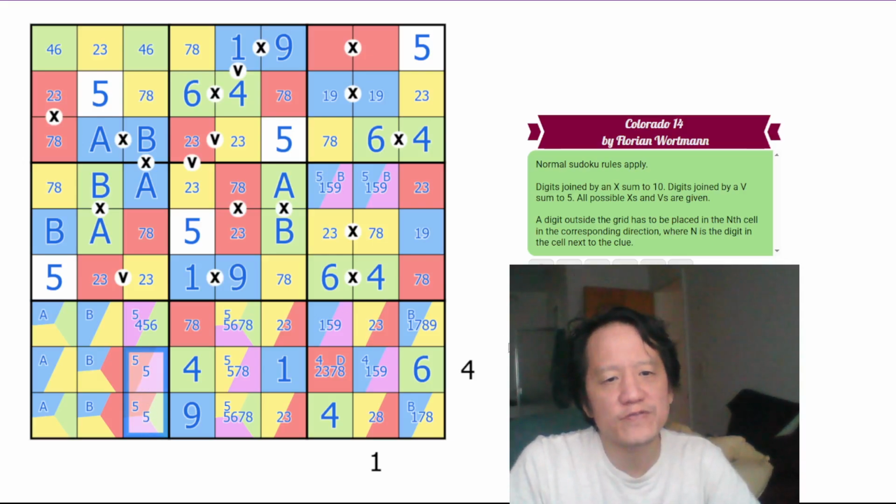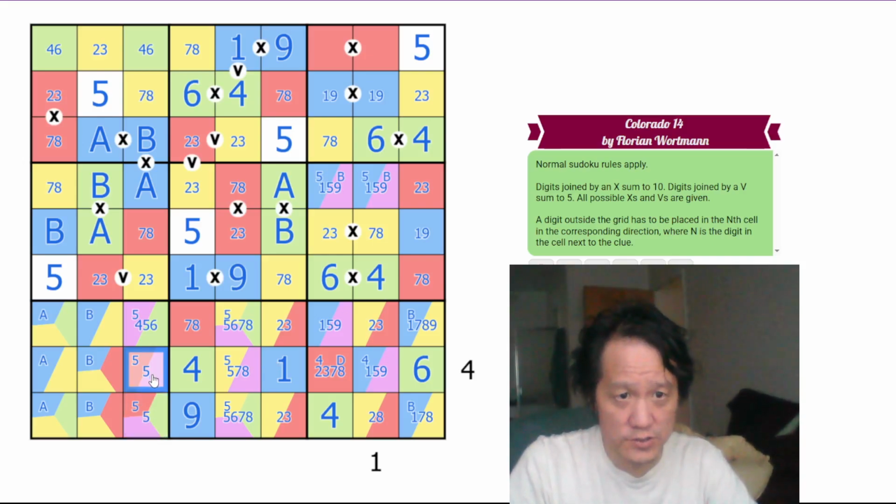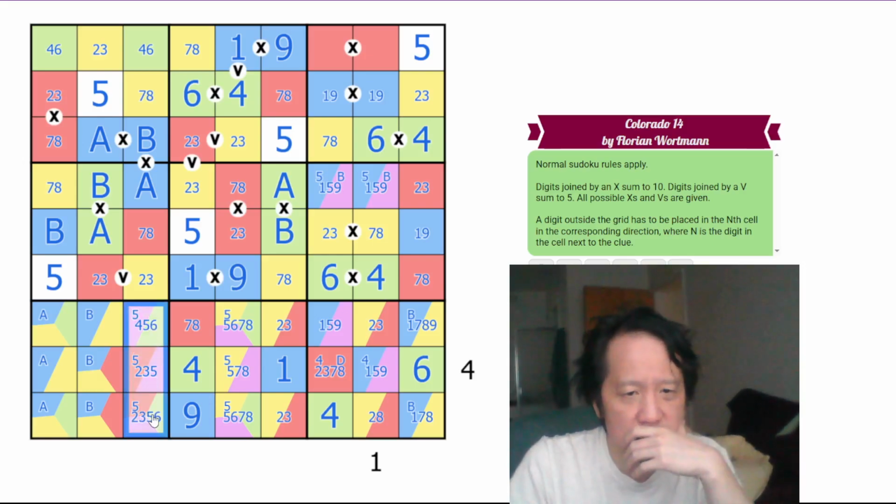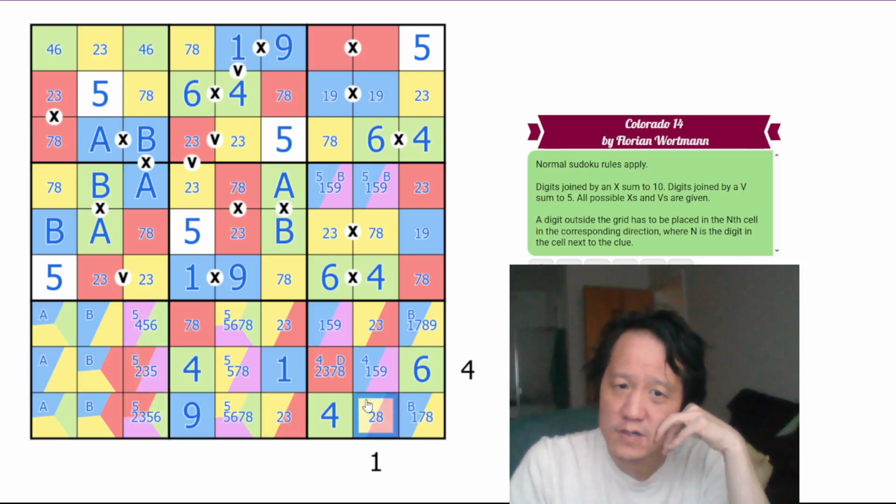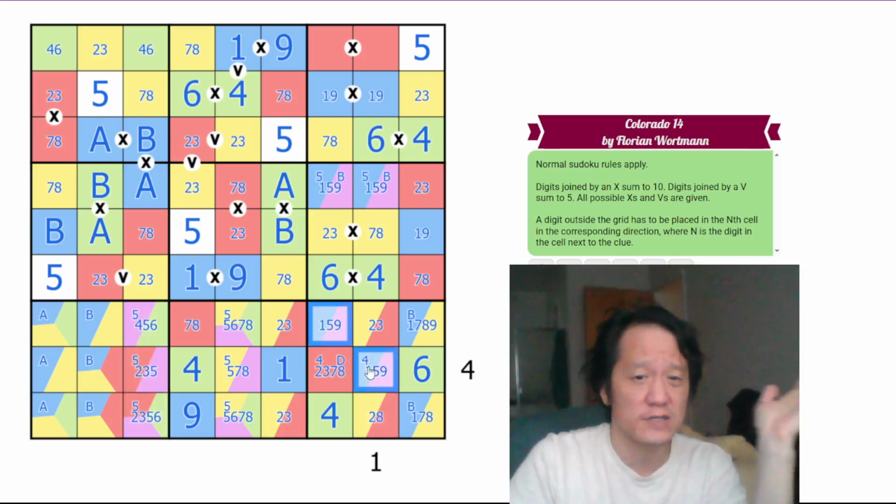One of these could be 5. This can't be 4 or 6. So this is 2 or 3. We have 2 or 3 and 4 or no 4. This is 6. That's possibilities. Okay, so far this is all looking still kosher.